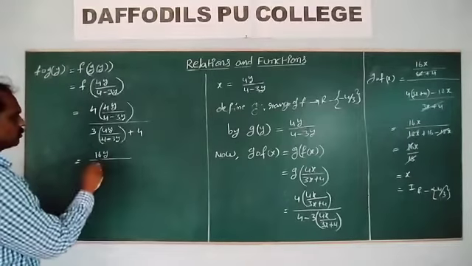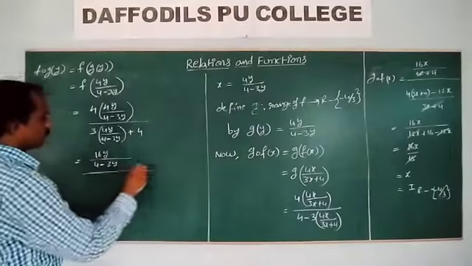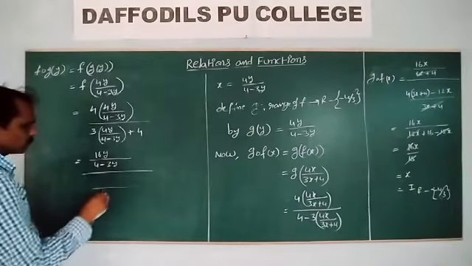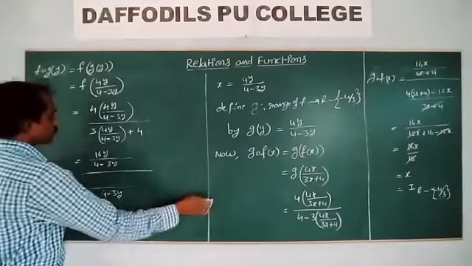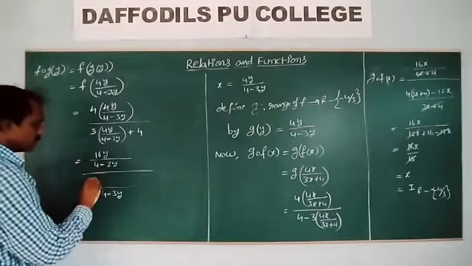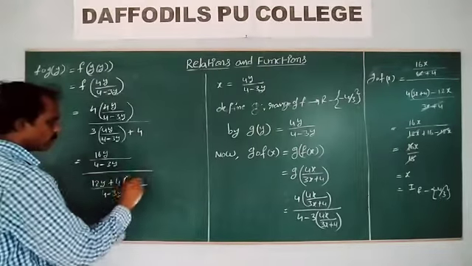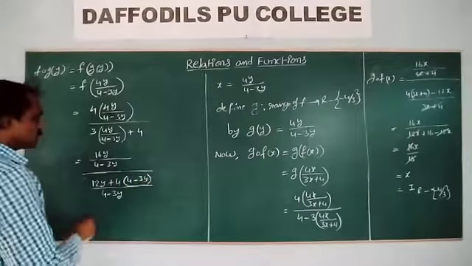The LCM is 4 minus 3y. Multiply: the numerator is 16y, and the denominator is 12y plus 4 of 4 minus 3y.